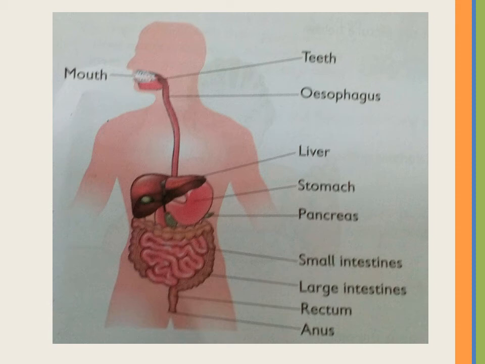The pancreas produces pancreatic juice. The walls of the small intestine also produce more juices, which complete the digestion process. Digestion of food ends in the small intestine.